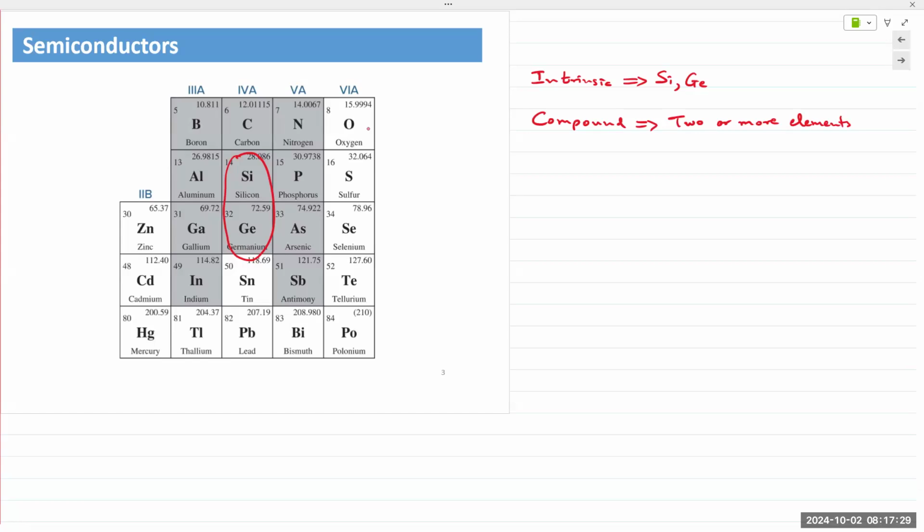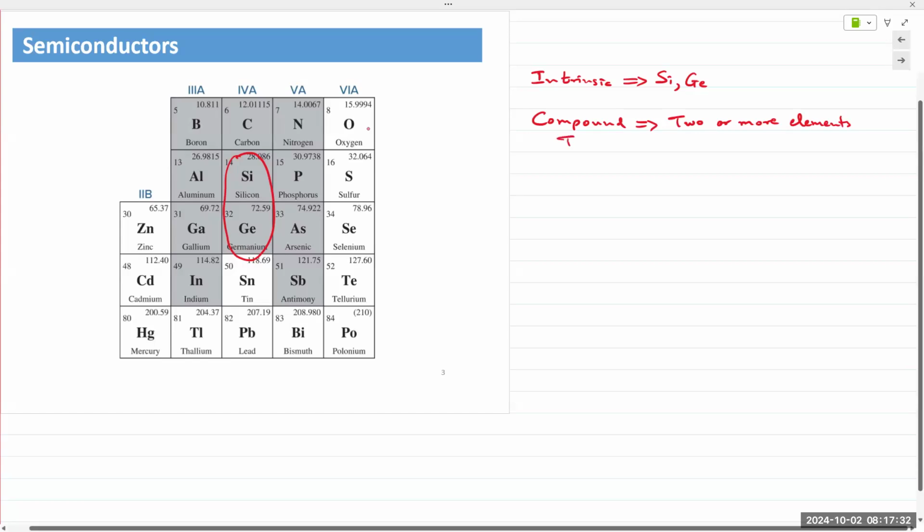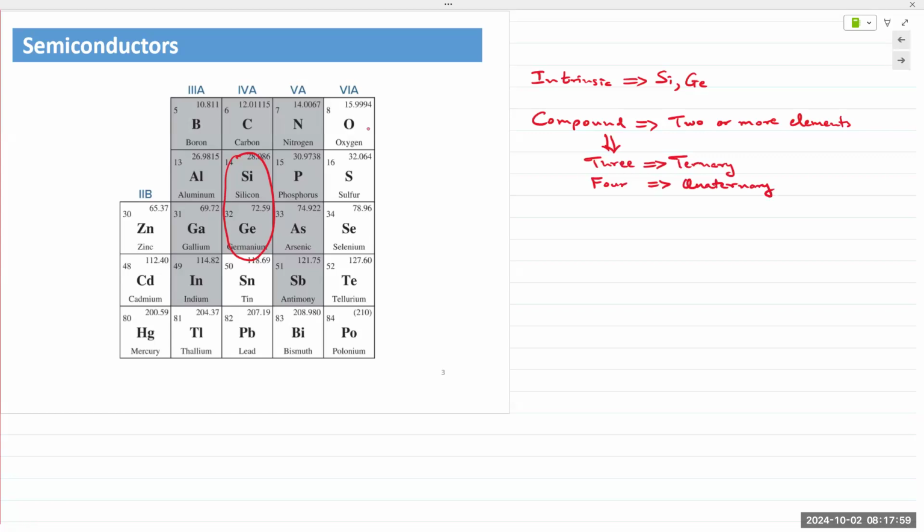If it's made up of three, actually this will be a classification under compound semiconductors, then it's known as ternary. If it's made up of four, it would be quaternary. Okay, ternary and quaternary. So put this on the side.